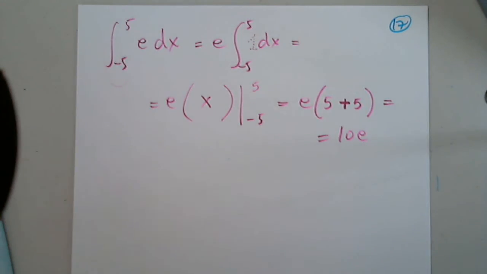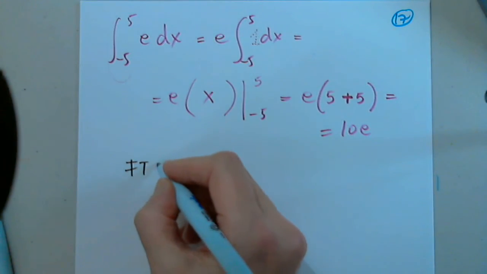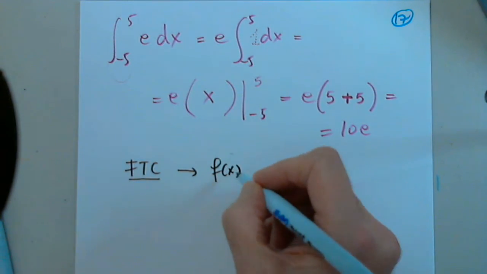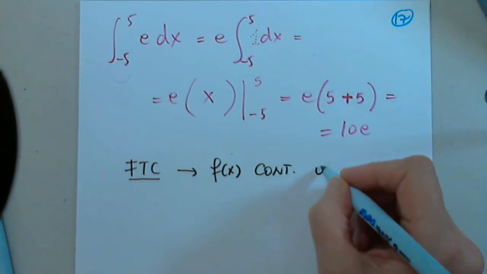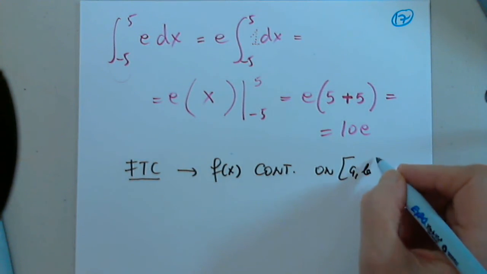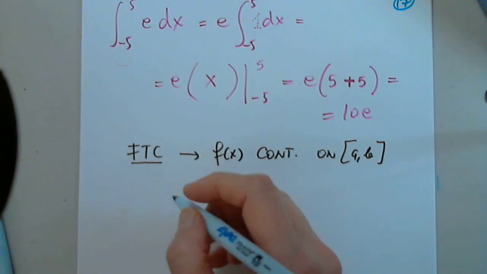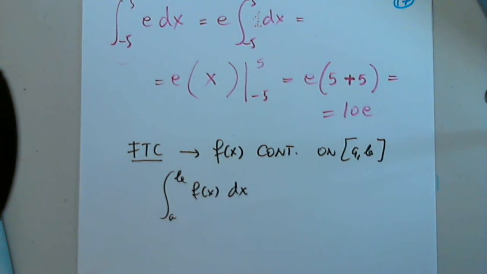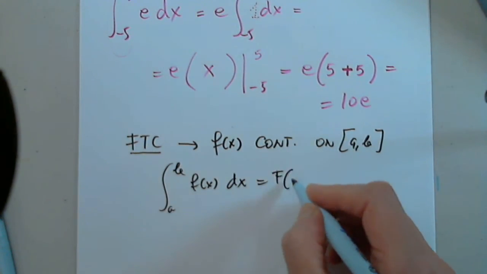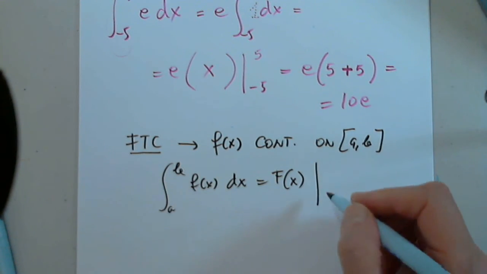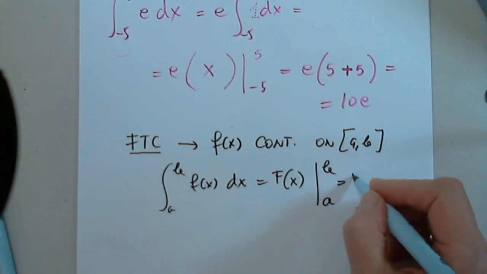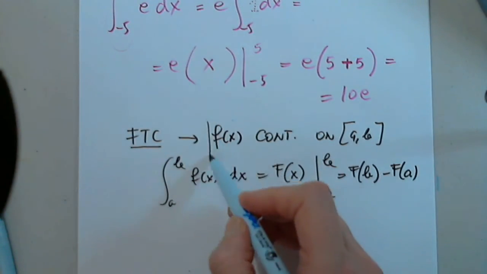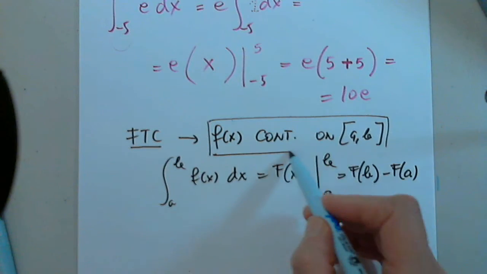Number one, FTC, the fundamental theorem of calculus, requires f of x to be continuous on [a, b]. So the integral from a to b of f of x dx is the most general antiderivative evaluated from a to b, or F evaluated at b minus F evaluated at a, and it requires this function to be continuous.